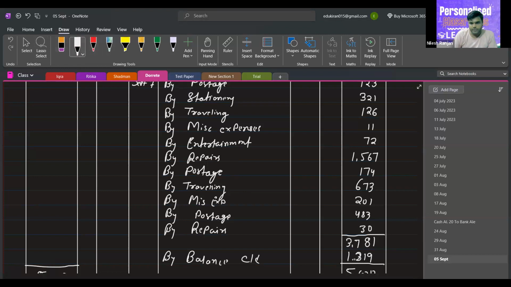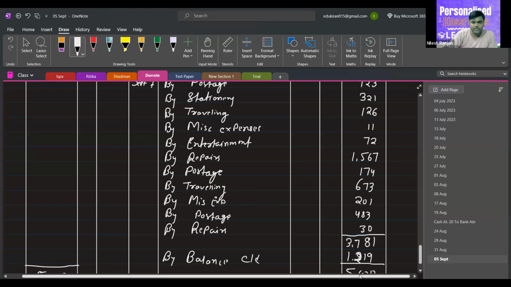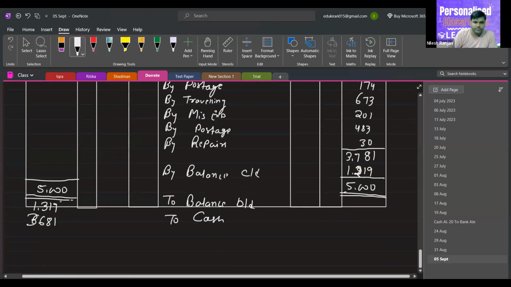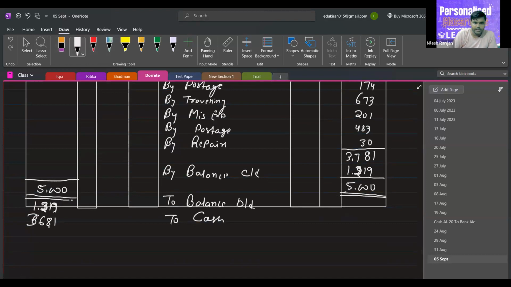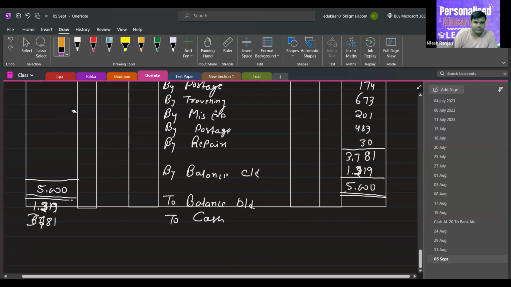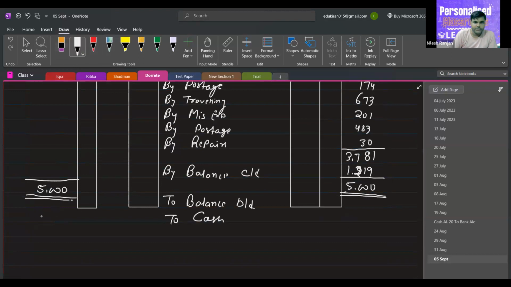Okay. It will be 1,219, and here it will be 1,219, and it will be 3,781. Let me erase this. It will be 1,219.